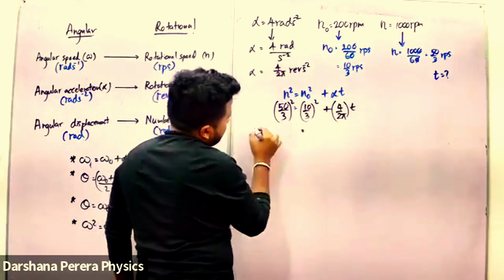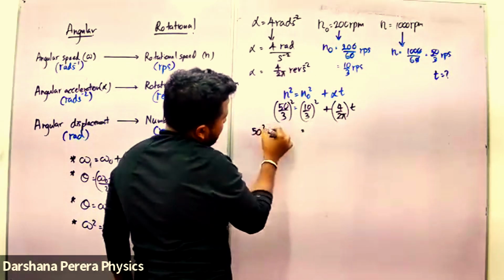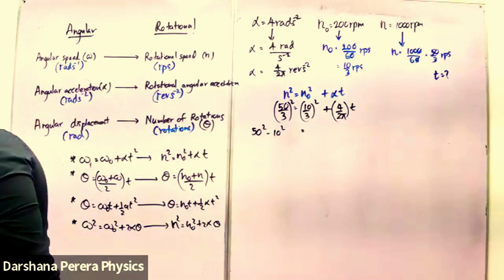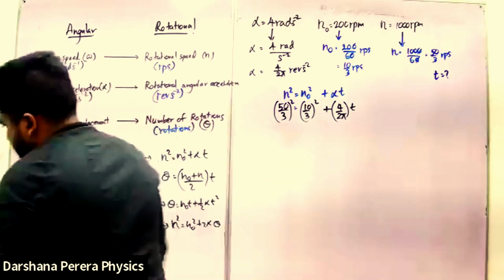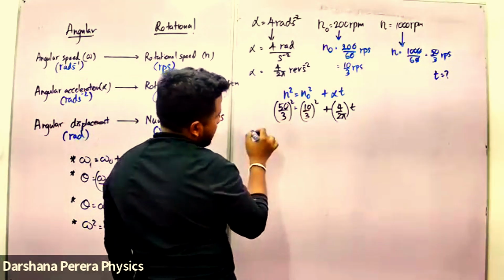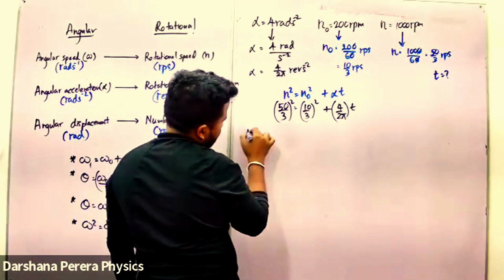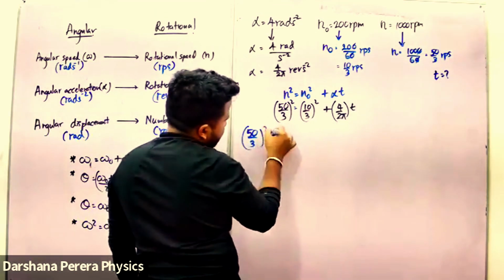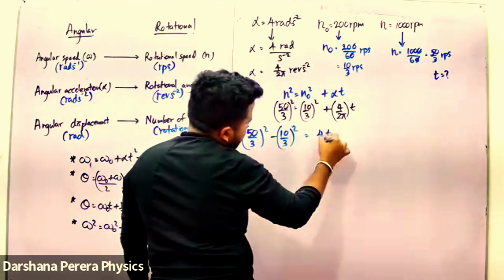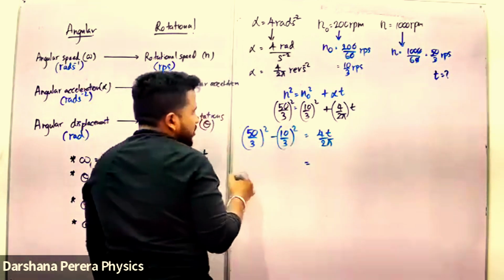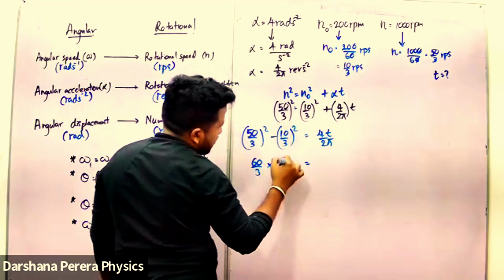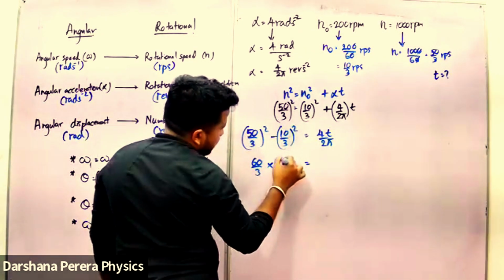That means 50 square minus 10 square, or we can take the difference between the squares. Find the value: 60 over 3 into 40 over 3.